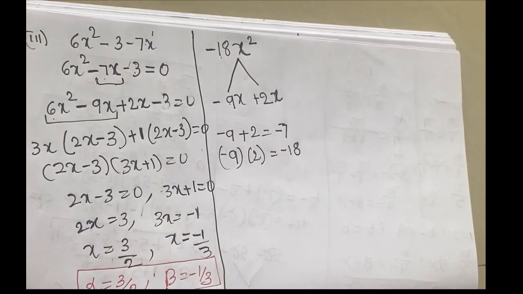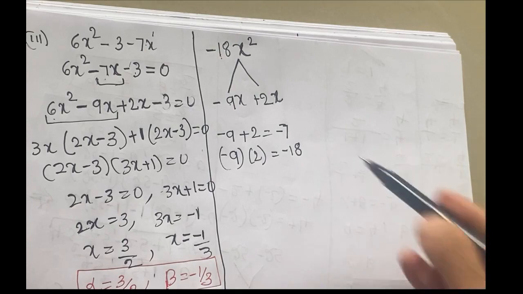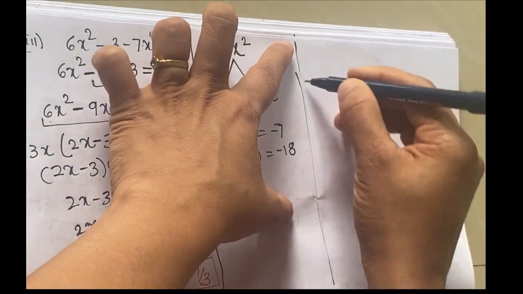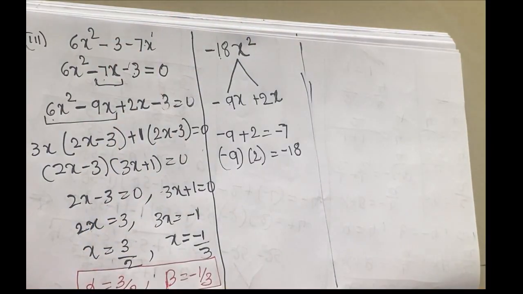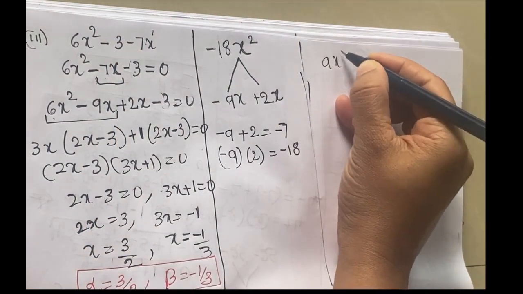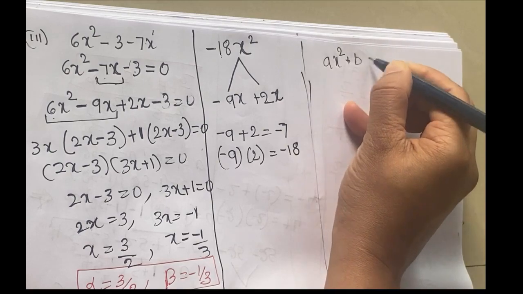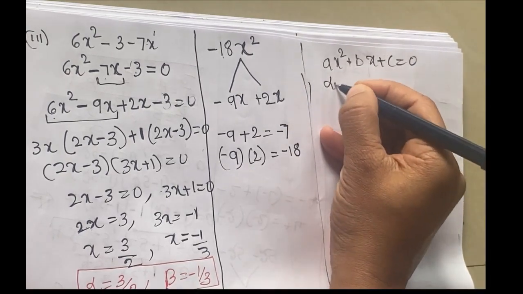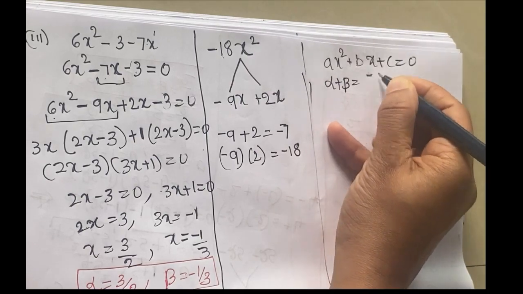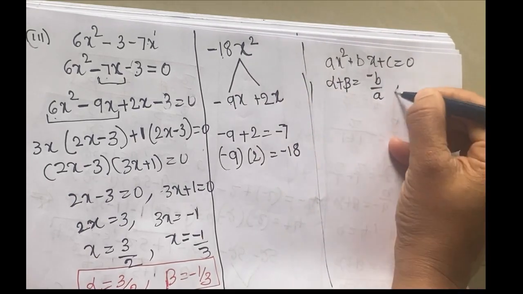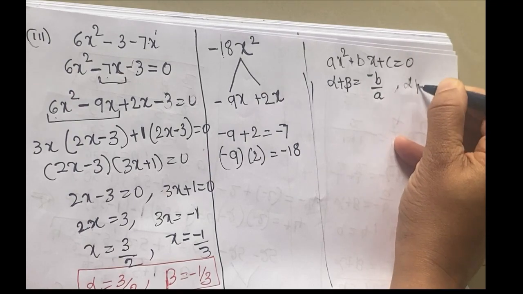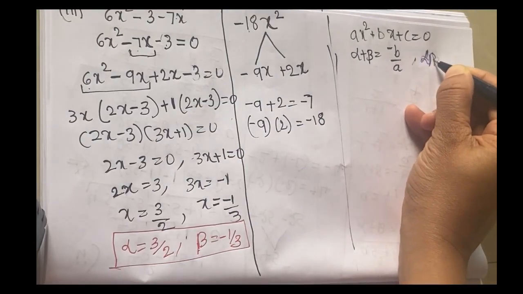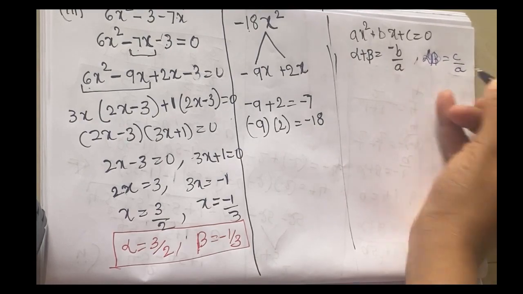Next, we need to find the relationship between zeros and coefficients. I will write the standard form ax square plus bx plus c is equal to 0. Then the sum alpha plus beta is minus b by a, and the product alpha beta is c by a.